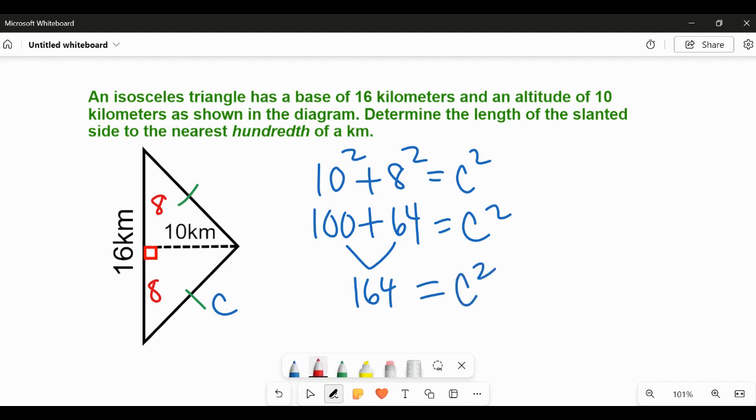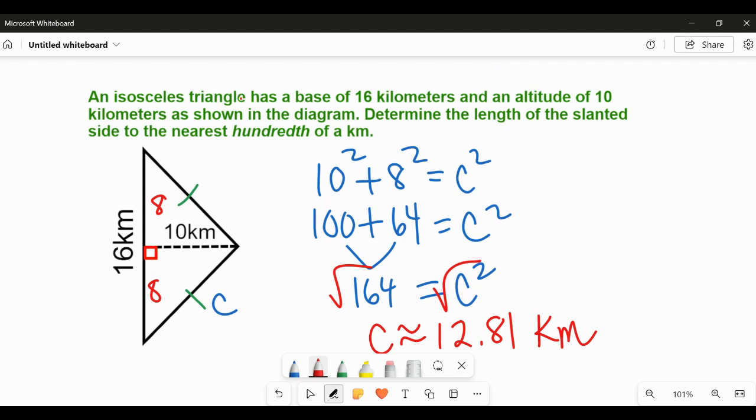Square root both sides to get rid of the square. And we get 164 square root is 12.806. So when I round that, it's going to be 12.81. 12.81 kilometers. Okay, you can abbreviate.